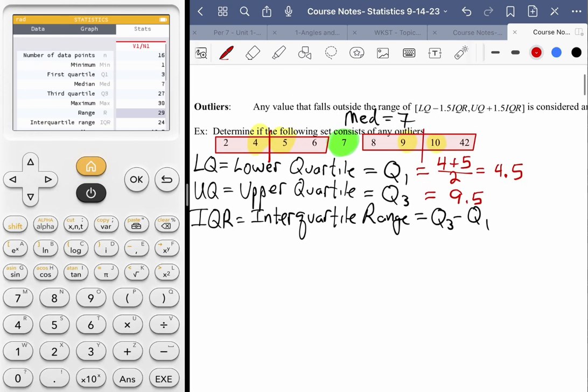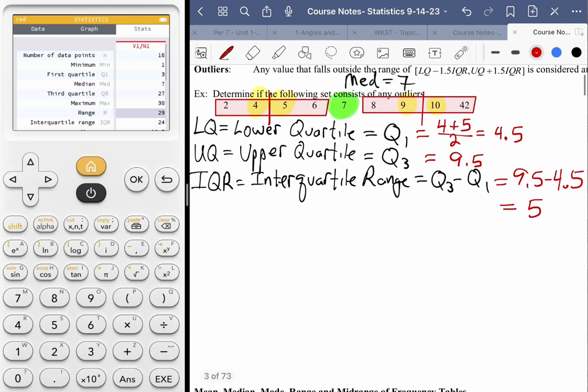All right, the interquartile range is 9.5 minus 4.5, which is an even 5, right?